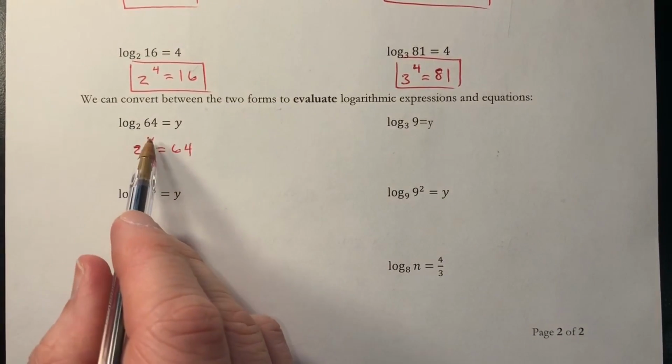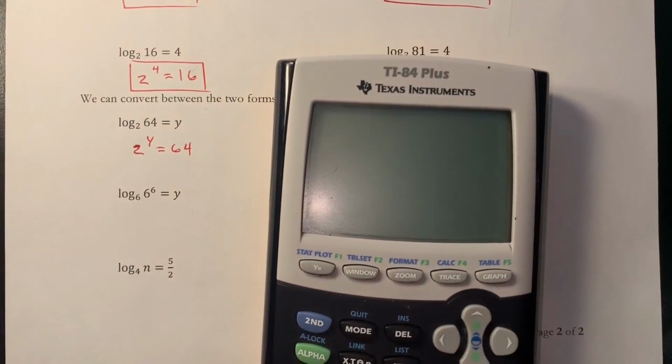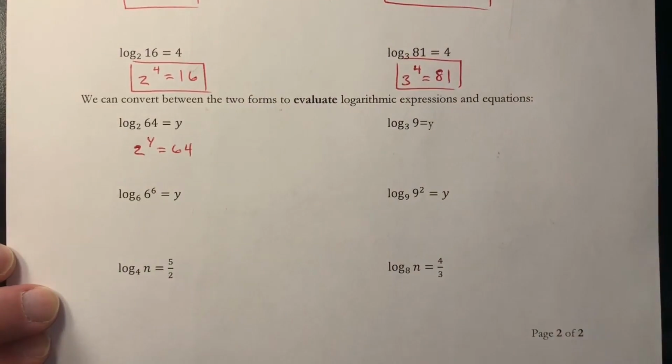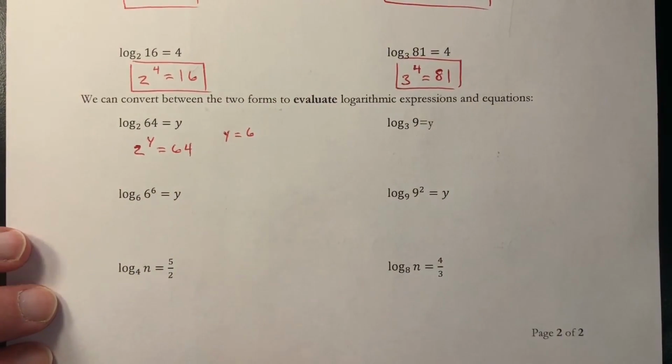So 2 to some power equals 64, and we're going to figure out what that power is. Okay, so 2 to the y power equals 64, so let's try 2 to the fifth power. That's not big enough. 2 to the sixth power is 64. So y equals 6.